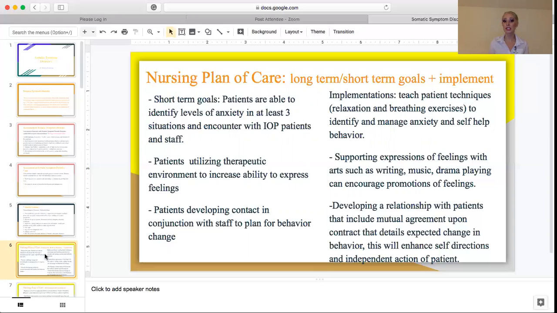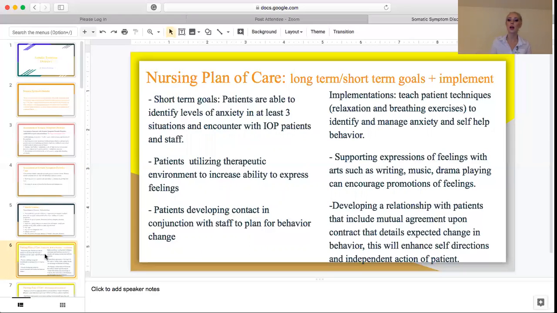Implementations: teach patients. What we will do as nurses, we will teach patients relaxation techniques and breathing exercises to identify and manage their anxiety and self-help behavior, supporting expressions of feelings with arts such as writing, music, drama playing. It encourages the promotion of feelings.